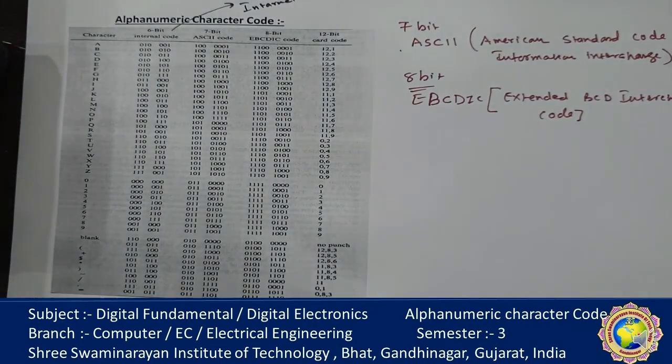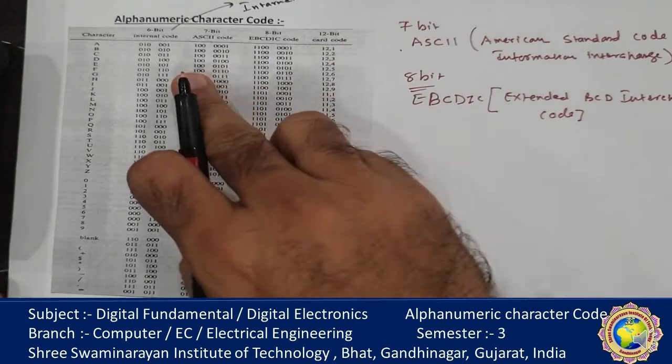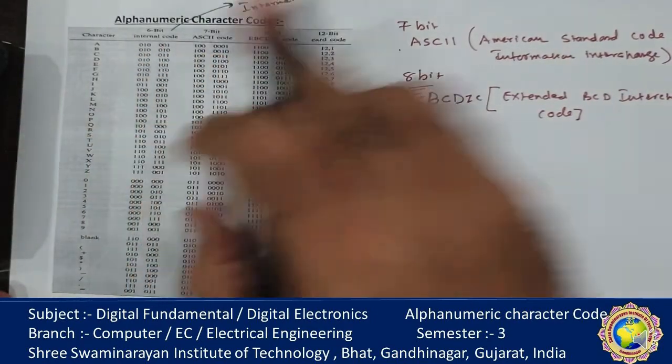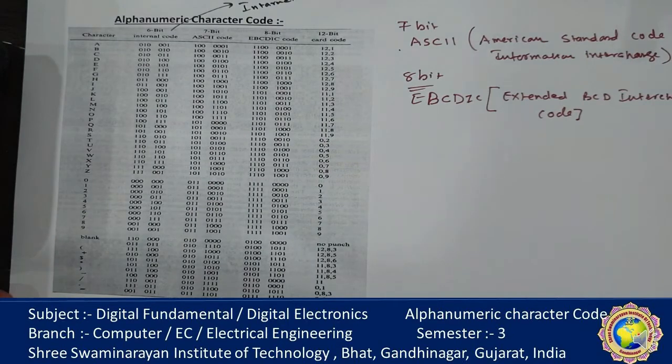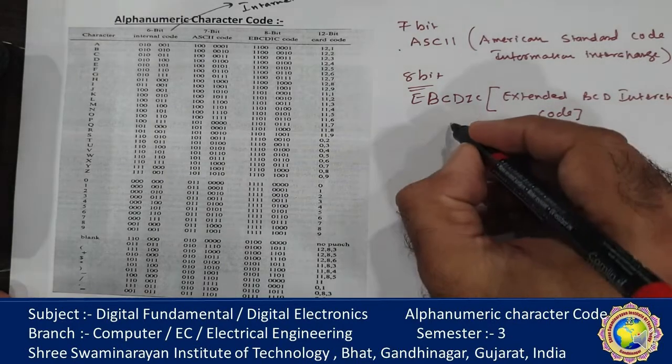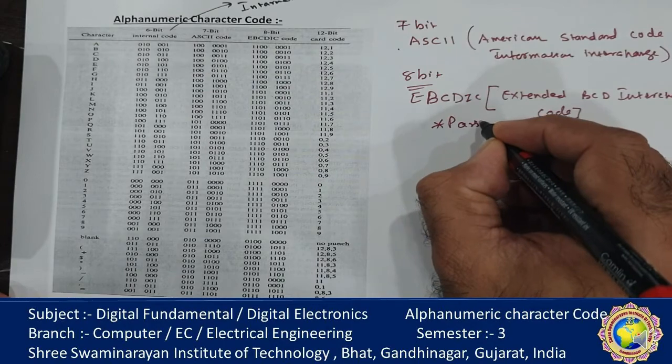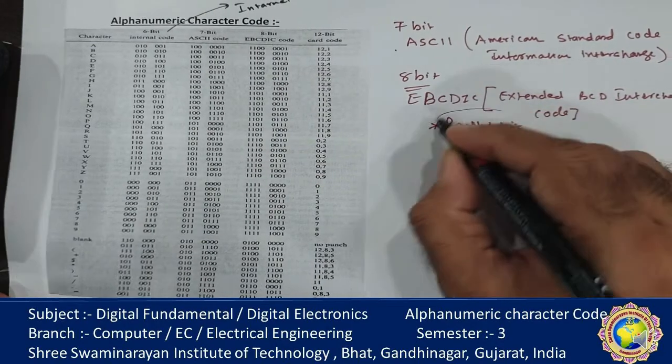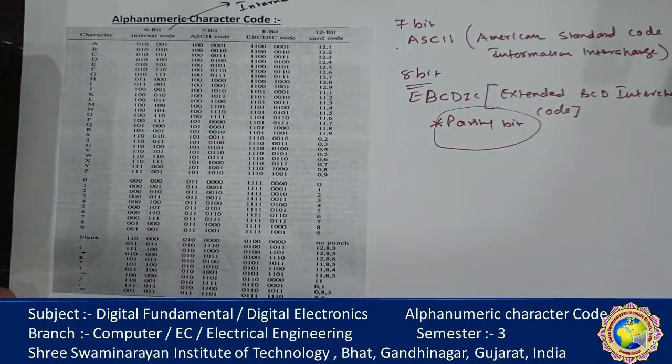The ASCII code is 7 bits, and the 8-bit code is EBCDIC. The 7-bit code is for all practical purposes, while in the 8-bit code, a bit is invariably added for parity. Parity is one feature of this code: a parity bit is added in the extended BCD interchange code.